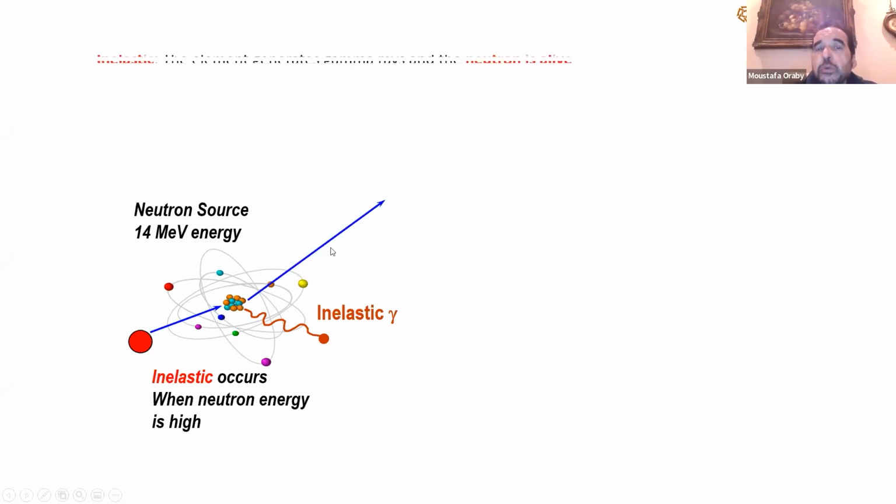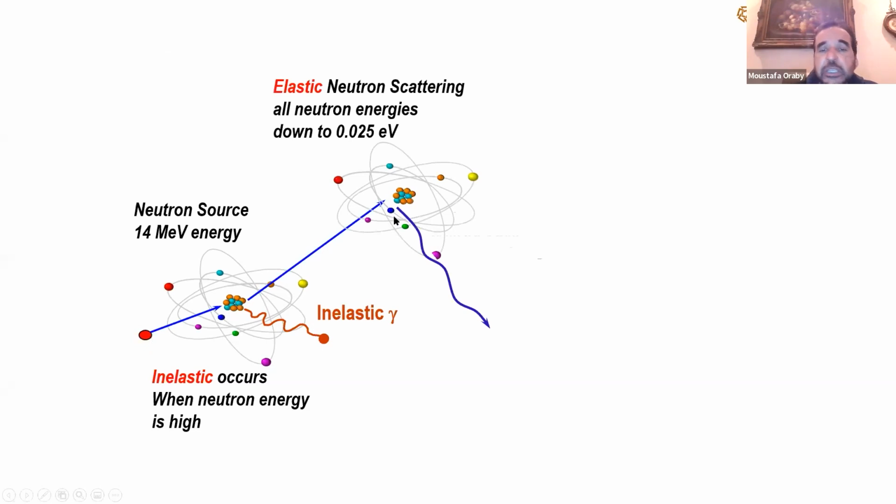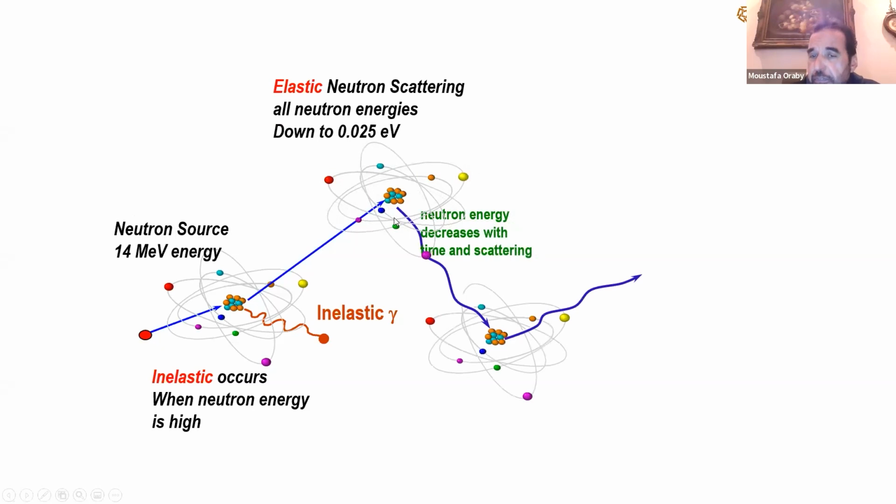When it keeps going, it goes into what we call elastic scattering. So it keeps losing energy across the collisions with the nuclei of different atoms in the formation, until its energy becomes very, very low, much lower than the 14 mega electron volt.